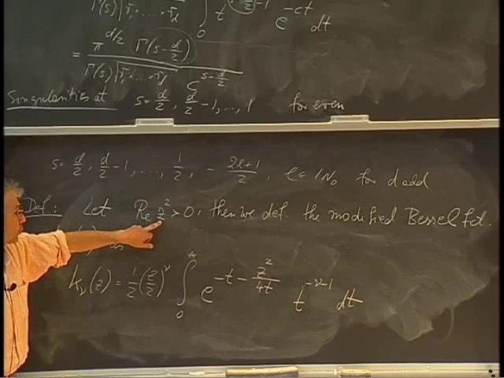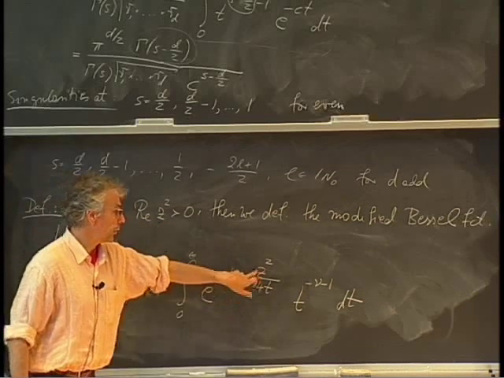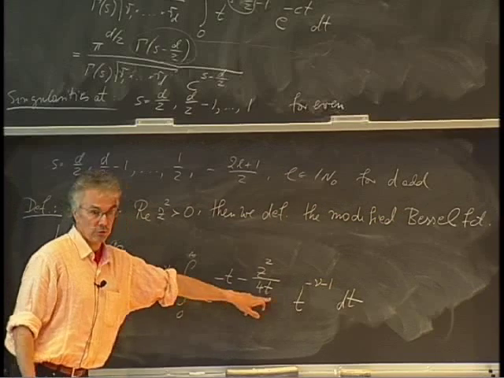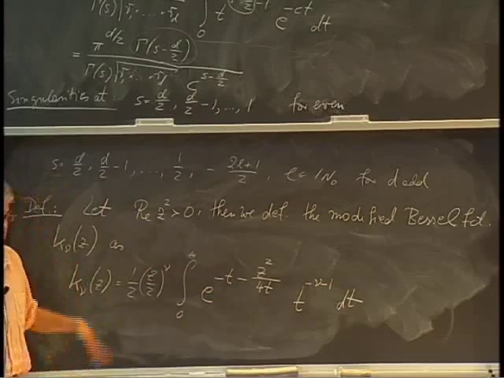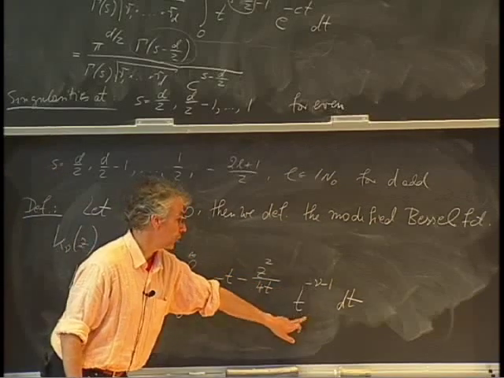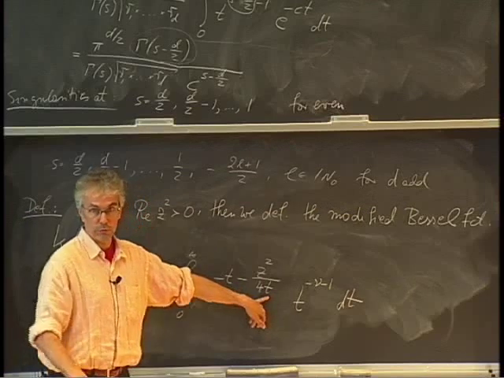Why do we need the condition? Well, you see, we want z squared to have a positive real part so that as t tends to 0, this is actually exponentially damped, and that will make the integral well behaved. It might have a polynomial singularity at t equals 0, but that will be killed by the exponentially damped behavior.